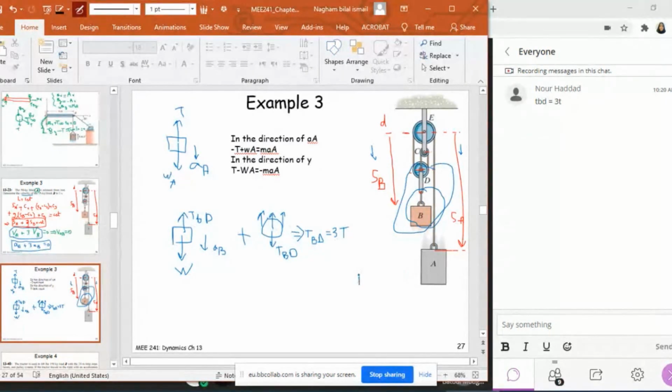So you sum up these two systems so that you have this block B with this pulley. You have the acceleration of B, the weight, as well as 3T.